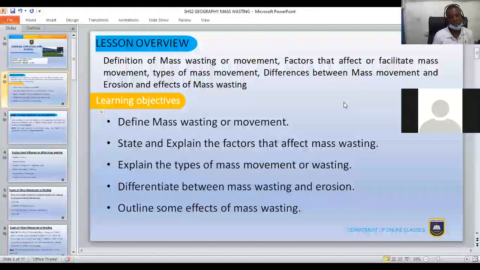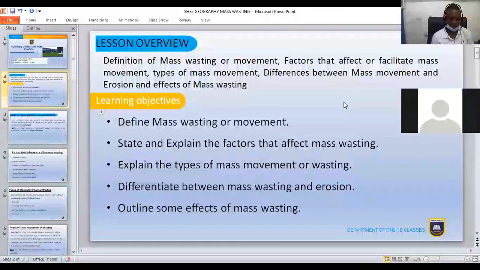Thirdly, you should be able to explain the various types of mass wasting or mass movement. Then also, you should be able to differentiate between mass movement and erosion. And finally, you should be able to outline some effects of mass wasting.